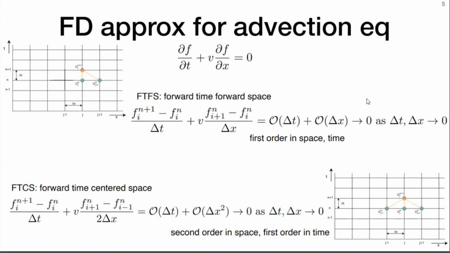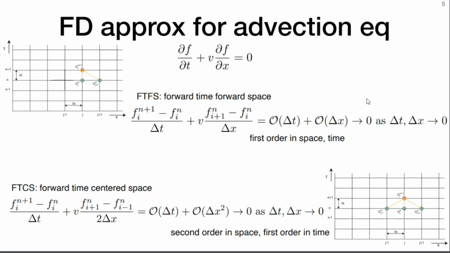Even this is sort of trivial stuff. Now, if you look at this expression, we want f_i^{n+1}. You can rearrange it and write it as f_i^{n+1} equals f_i^n minus v Δt by Δx times the difference. So you actually see these space-time diagrams again.